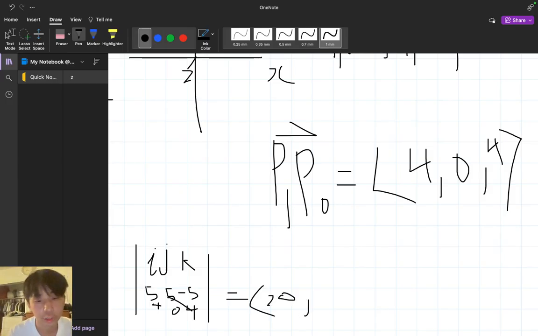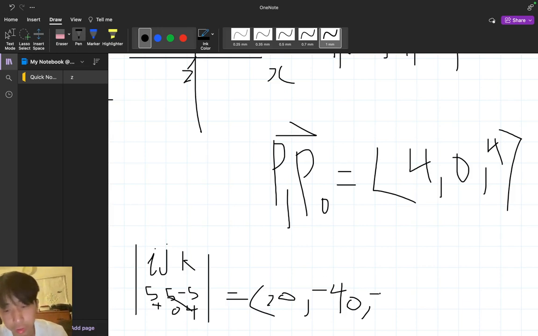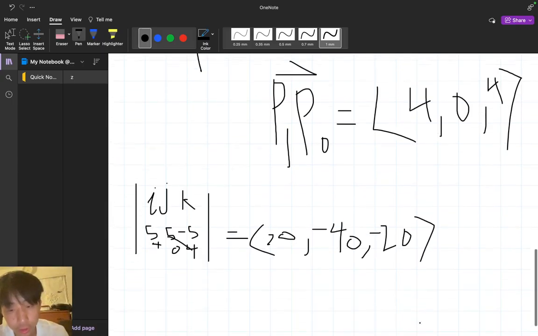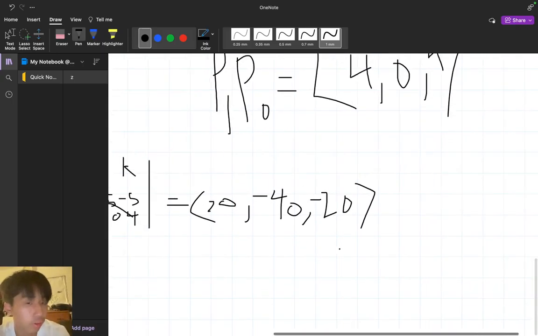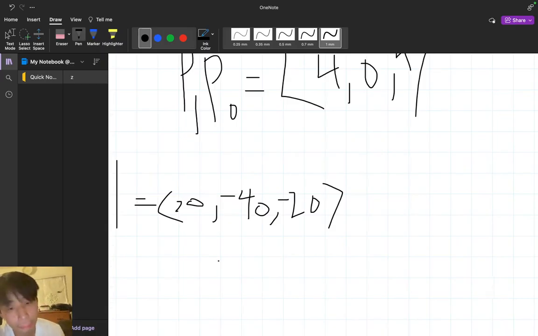And then for j, it's negative, so 5 times 4 is 20, 5 times negative 5 is negative 20, so that's 40, but it's negative 40 because j is negative. And then the last one for k, 5 times 0 is 0, 5 times 4 is 20, but it's the last one, so it's negative. So that's the right angle vector for the plane.